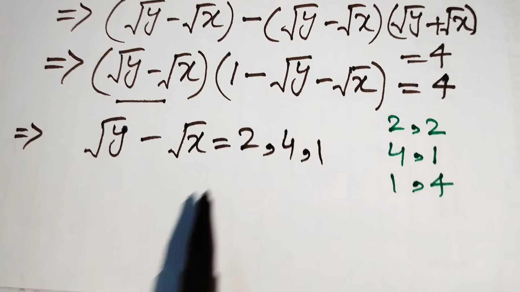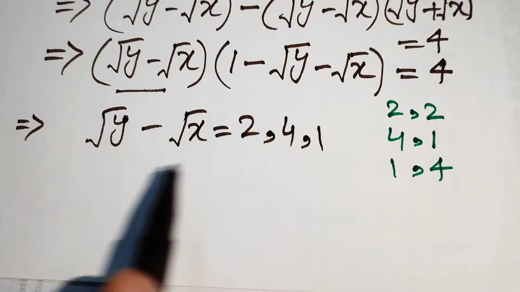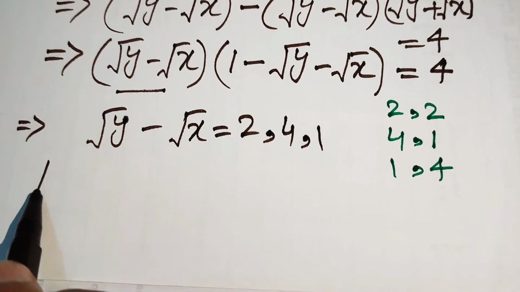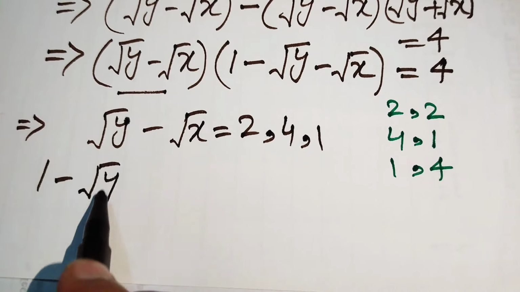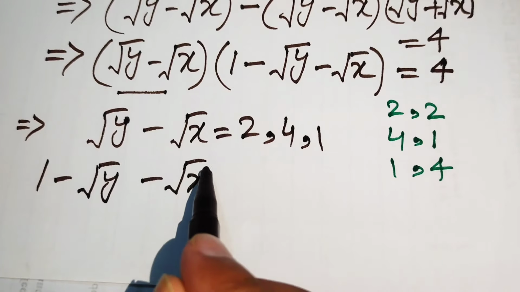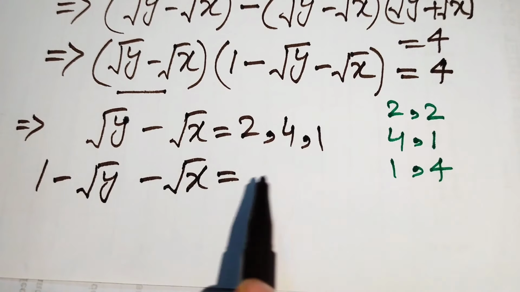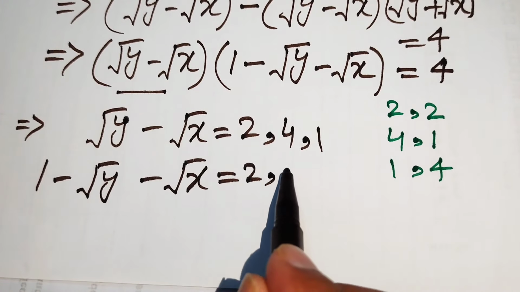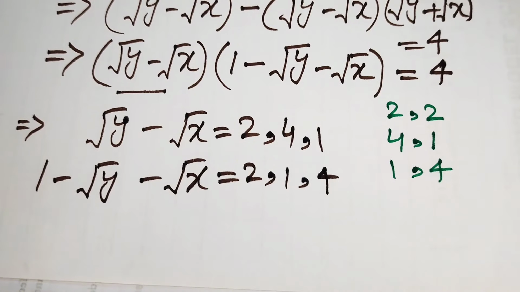The second factor, 1 minus square root of y minus square root of x, equals the second factors, which are 2, 1 and 4.